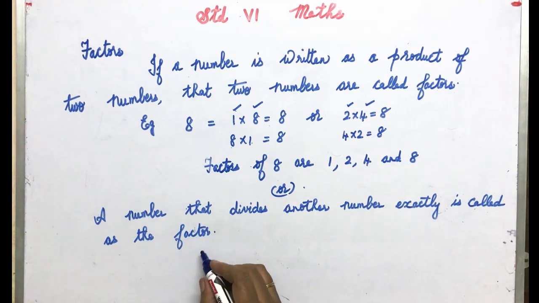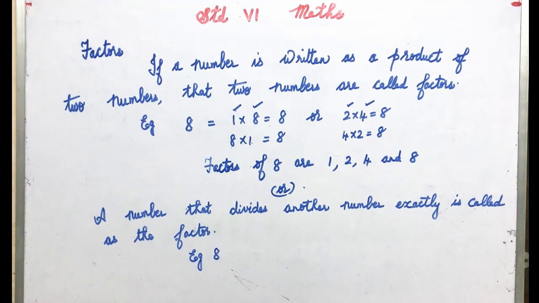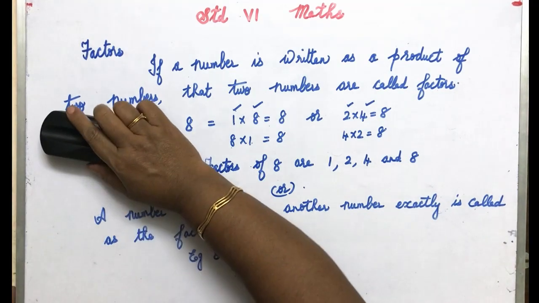We will consider the same example 8. 8 can be divided by all the small numbers less than 8. Now, we will divide and check.